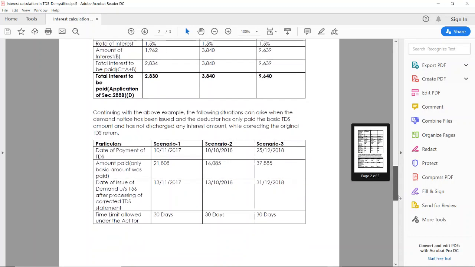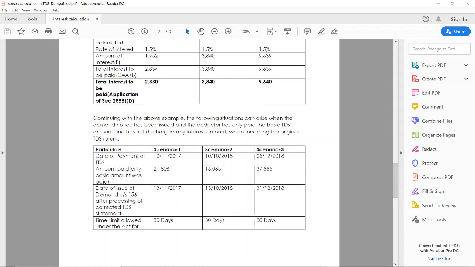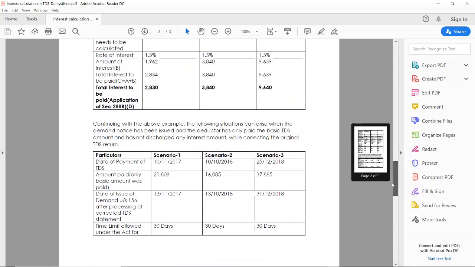Now we will come to the case of calculation of interest under section 220 subsection 2. Here the date of payment of TDS was 10th November 2017.